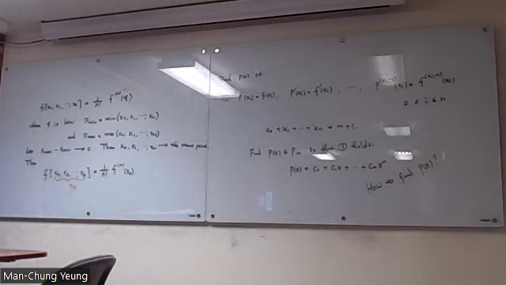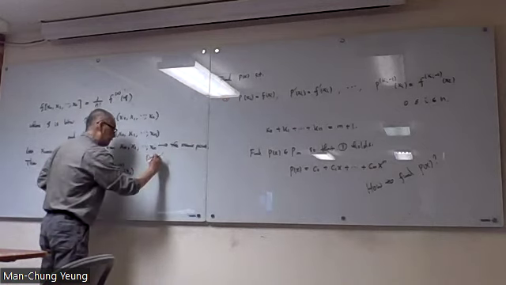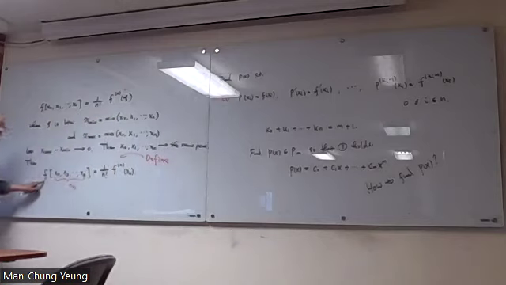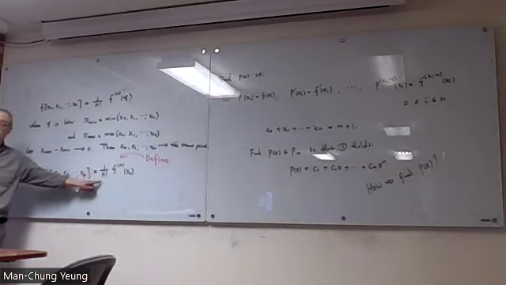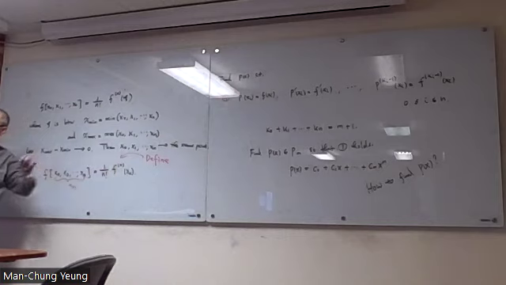When the roots are different, we have this formula. When the roots are the same, we define the divided difference at the same points to be 1 over n factorial f, take the derivative n times at x0.